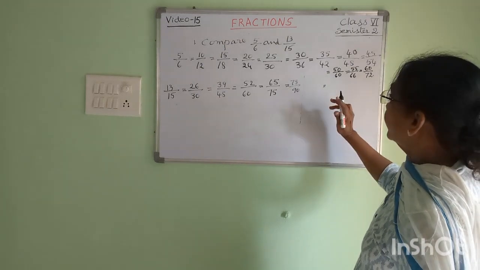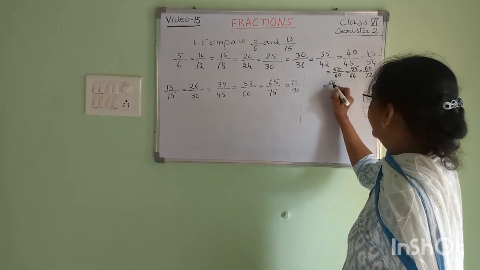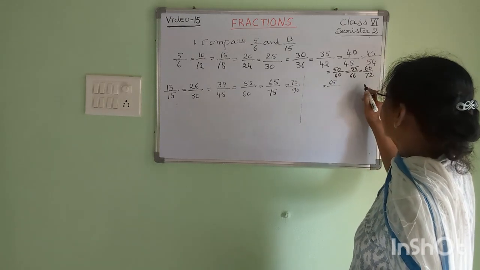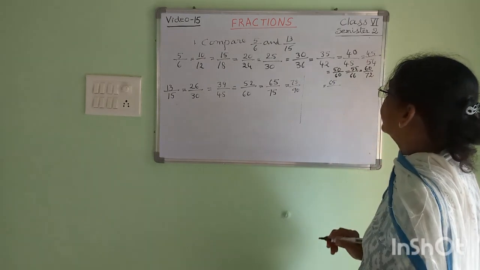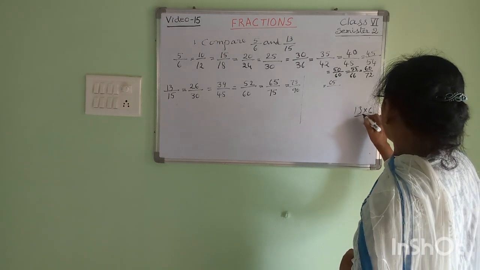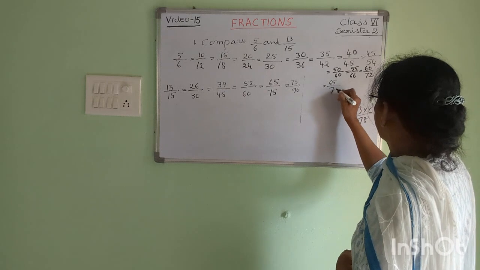Multiplying by 13, 13 5s are 65, 13 6s are 78.